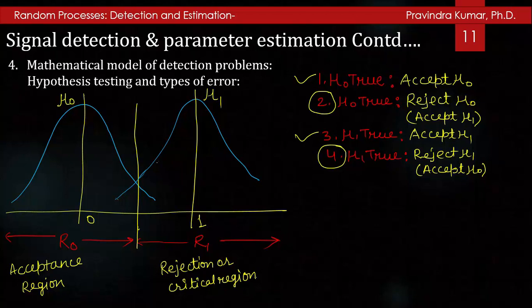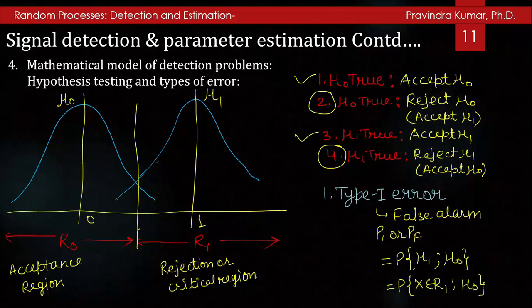The second case, H0 true, reject H0, accept H1, is the type first error or false alarm. When H0 is true and you accept H1, this is a false alarm because the target was not present, but we have decided in favor of the presence of the target.